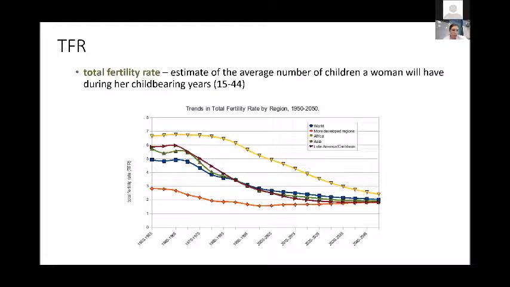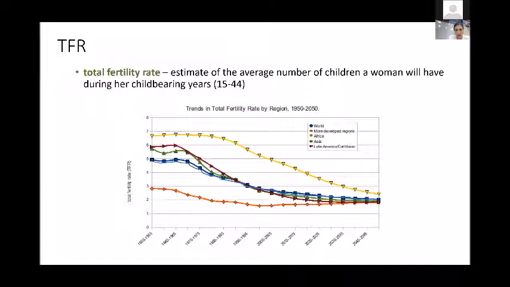So when we look at the past 100 years here with its predicted TFR in the future, 1950 to 2050, we see that total fertility rate historically has been much higher than it is today. So this blue line here shows total world TFR. We can see that it's been on the steady decline and it's leveling out to about 2.